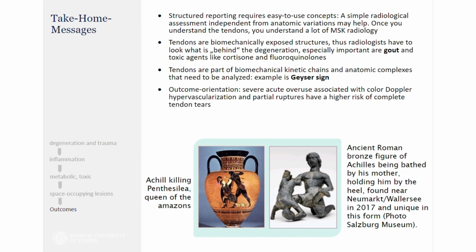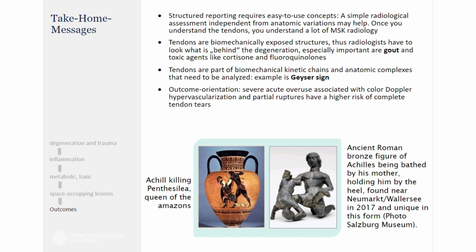And once you understand the tendons, you understand a lot of musculoskeletal radiology. All these sports imaging abnormalities, in the majority of cases, are related to tendon abnormalities. And if you see a degenerative tendon abnormality, always think behind it, maybe there's some underlying disease that is masked by a degeneration.